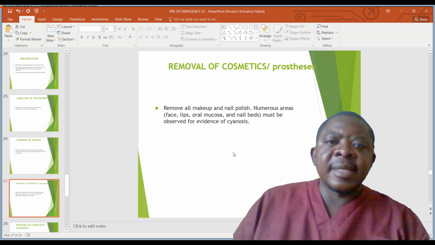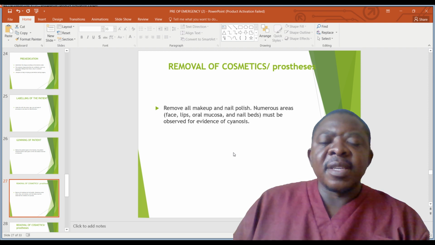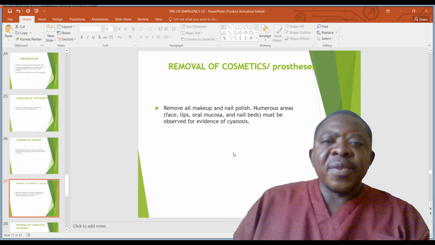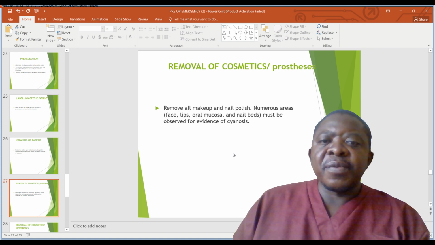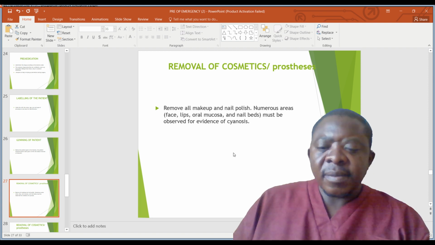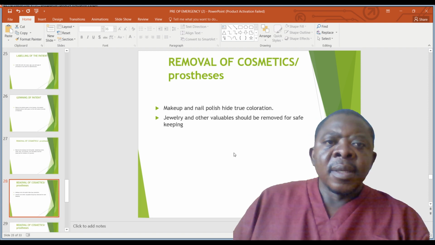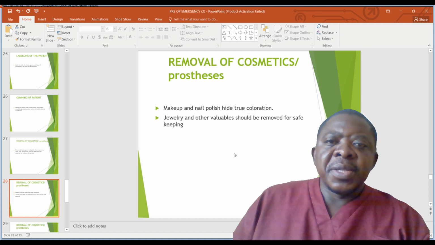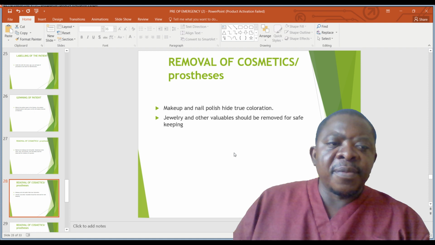This removal is important, for example when you remove nail polish, for easy observation of cyanosis. Then, if a patient has dentures, remove them to prevent electrocution. Makeup and nail polish are removed, and jewelry should be removed for safer keeping.